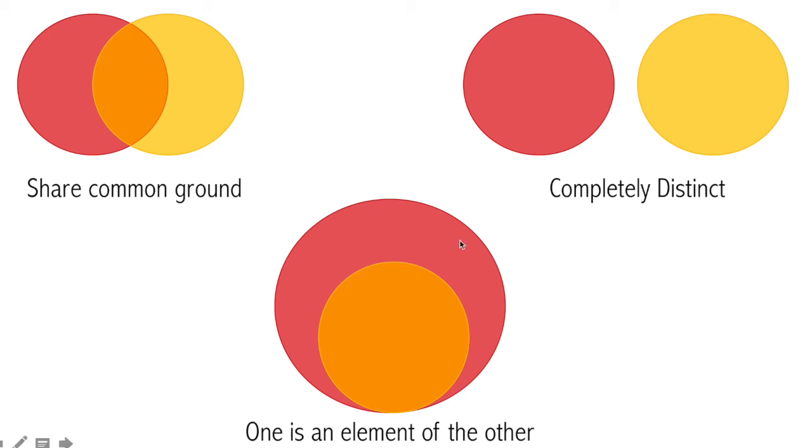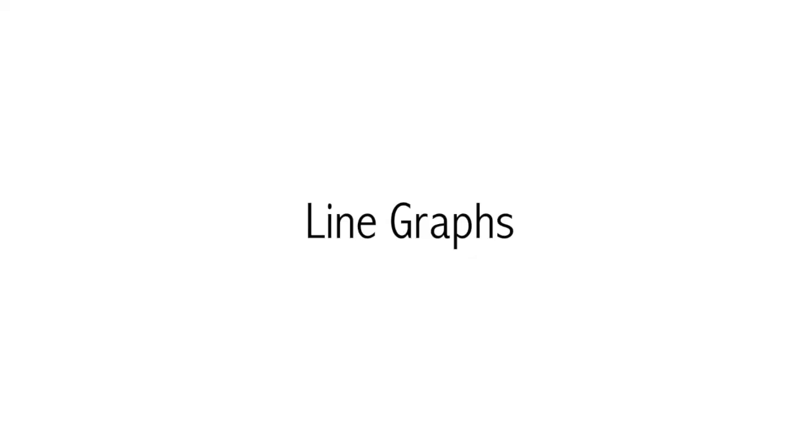If one is inside the other, for example if the yellow is element B and red is group A, we could say element B is a part of group A, right? So it's just very simple theory. When you look at a Venn diagram, you just need to understand what is in what, and what these simple diagrammatic representations mean in order to understand the graph.